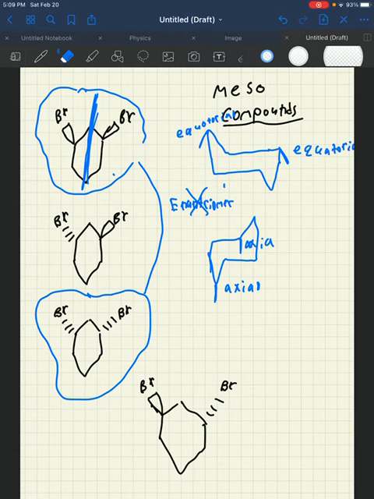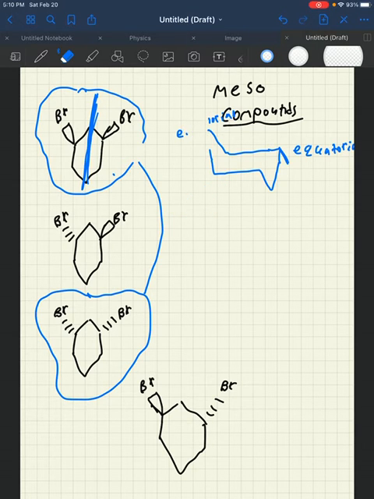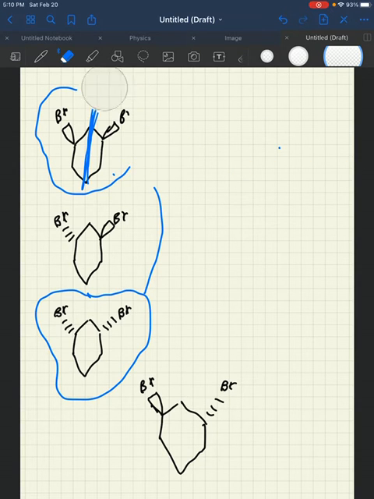So you're probably asking me, Ross, now that we identified that those are both the same, why aren't the others the same? Well, the others aren't the same, so let's draw that out real quick.